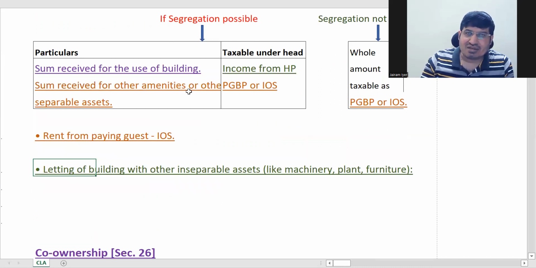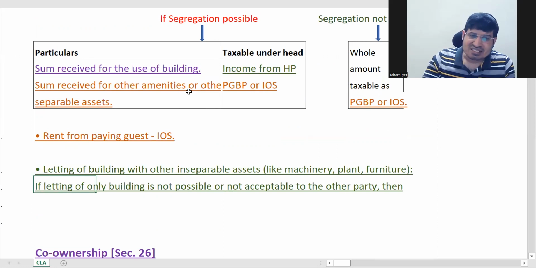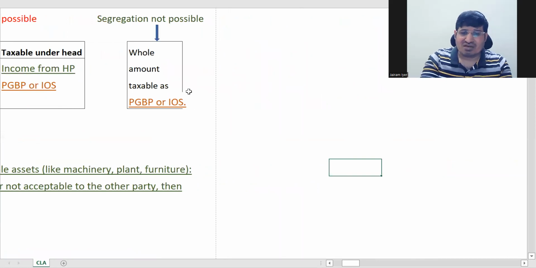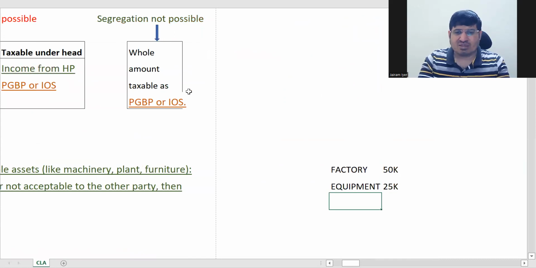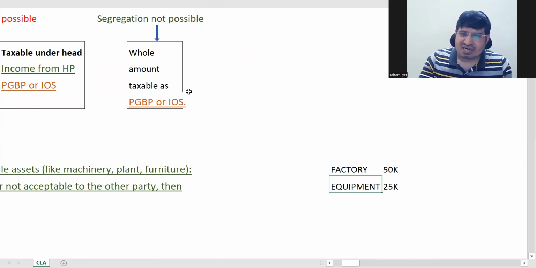A factory, can you take a factory without the machinery and all which are inbuilt? No. So this is that example. In this case, letting of only the building is not possible, or not acceptable to the other party. Even if you quote, say, take only my factory for 50K, and if you want equipment in it, 25K, will anyone take your factory without equipment?